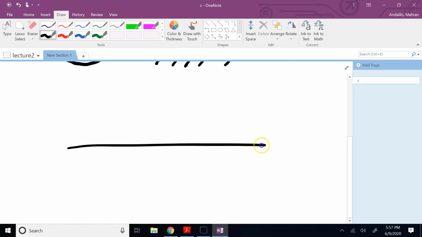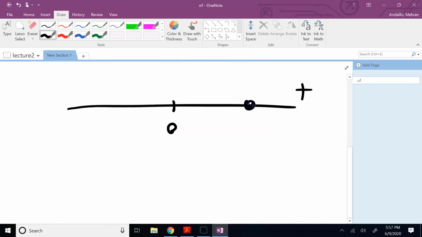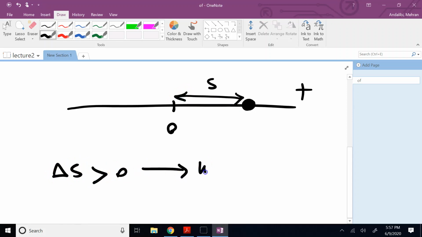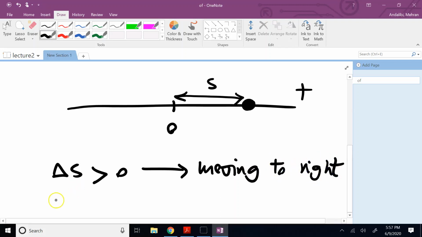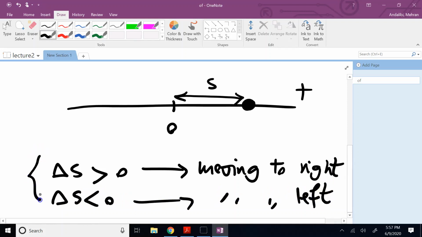Okay, so if this is the axis and this is the positive direction and that is the origin, and this is the particle and this is distance S. When delta S is positive, it means you are moving to the right, and when it's negative, it means you are moving to the left. Okay, so that's the meaning of displacement, of course.